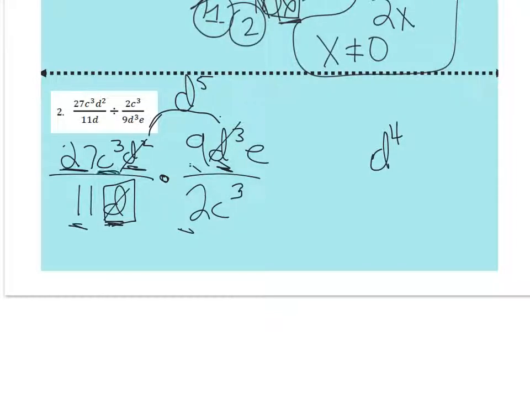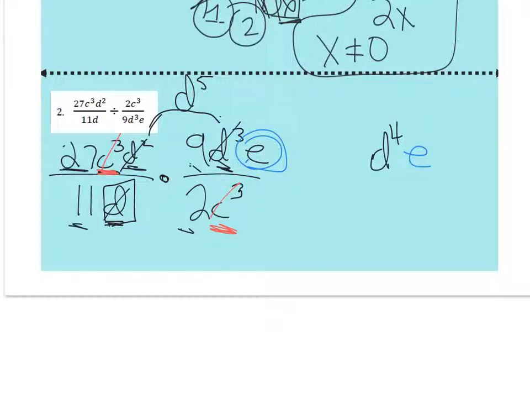For the c's, I've got a c to the third up here and a c to the third here. Those two are going to completely cancel each other out, so I don't do anything with that. What I've got left is this e right here, but that doesn't go with anything else, so I'm just going to have e on top.